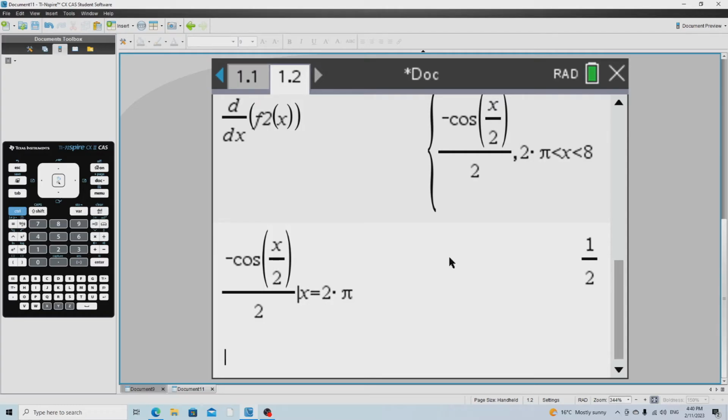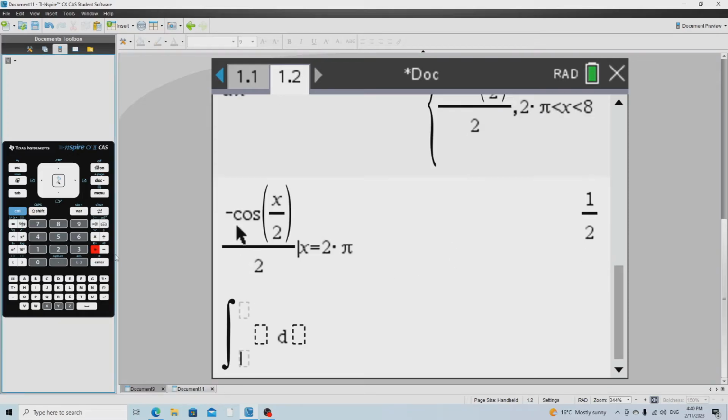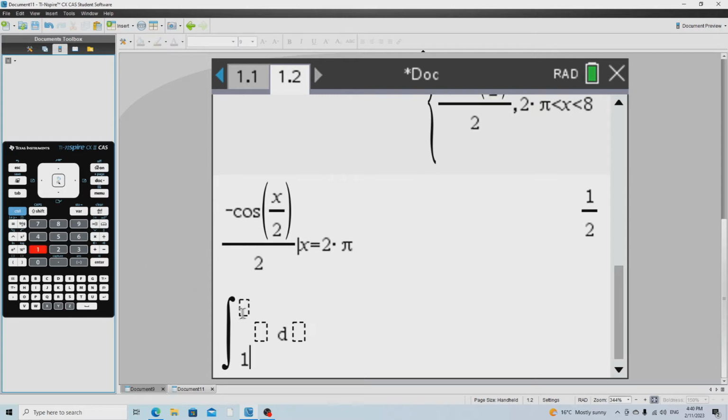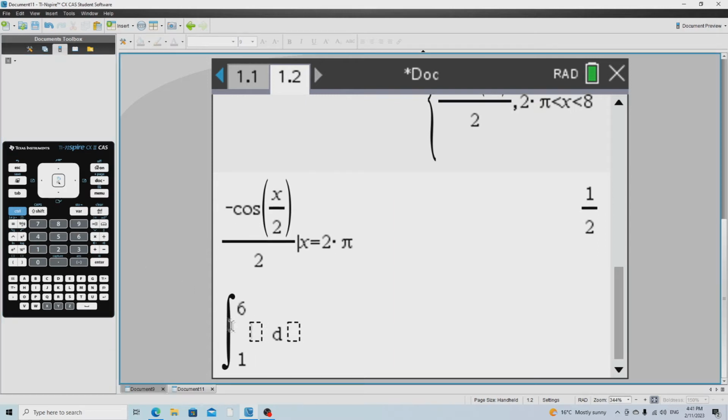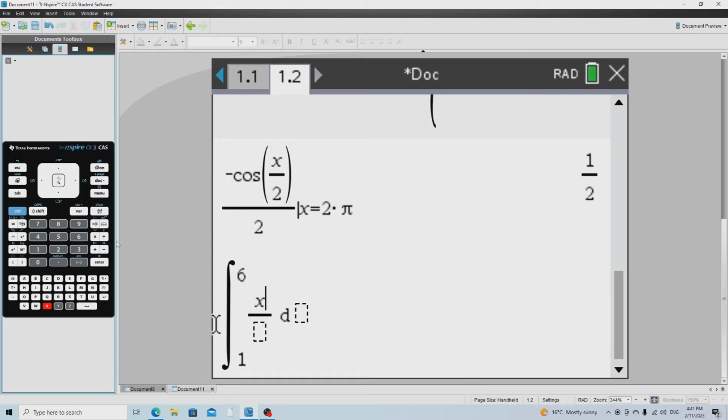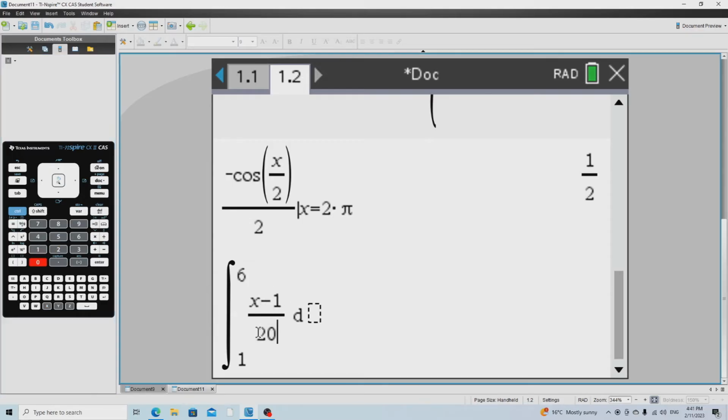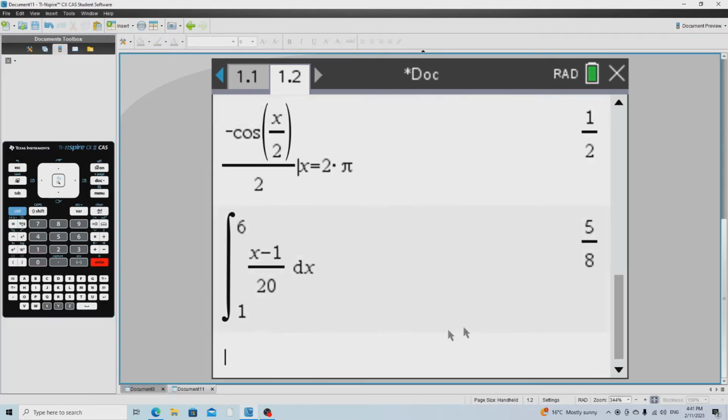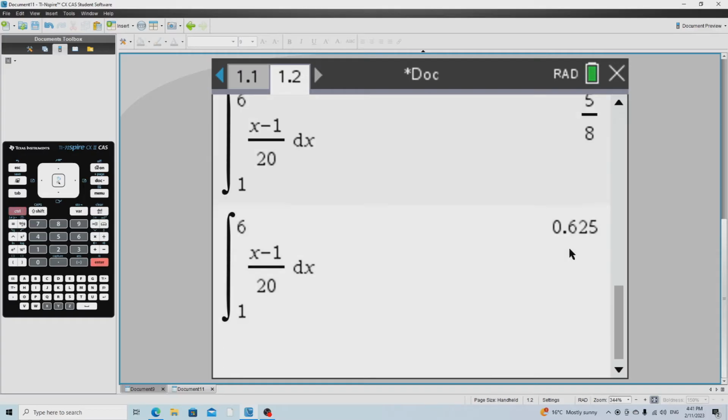Question 10. A continuous random variable has the following probability density function. The value of k is such that the probability that x is less than k is 0.35. So what I'm going to do for this question is find the integral for the first one. From 1 to 6, what's the actual area that it's taking? So the integral of (x minus 1) over 20 dx, which is 5/8, which is approximately 0.625. We're trying to find the probability that some value is less than k, which is 0.35, so it's around here.